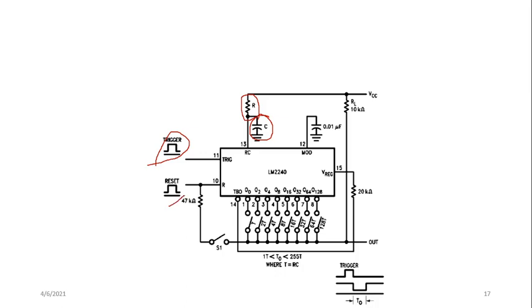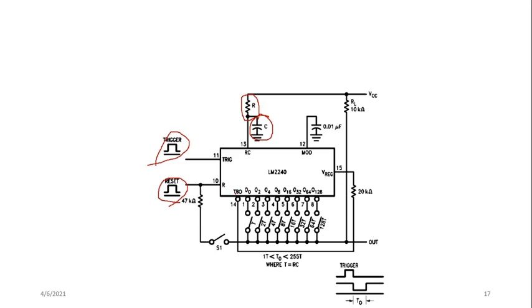Reset: you have to use this whenever you want to restart the sequence or re-trigger the circuit. If a delay is going on and at that time you want to reset it, you have to stop it and start it once again by giving the reset signal. V regulator is nothing but the supply voltage, and here are the outputs.